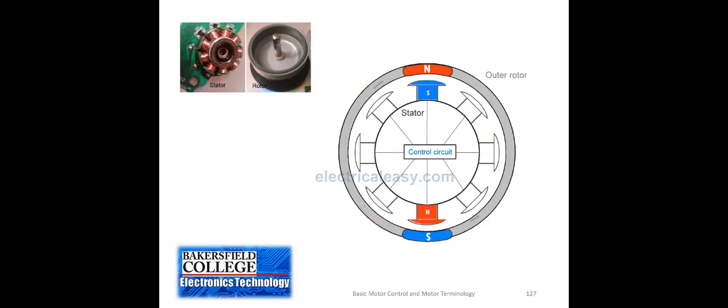In the motors that we use, it's the opposite. The stator coils will be on the outside, and in the center will be the magnet that is being rotated, called the rotor. But can you see that as the stator coils are energized magnetically, the magnetized rotor will follow those energized stator coils.